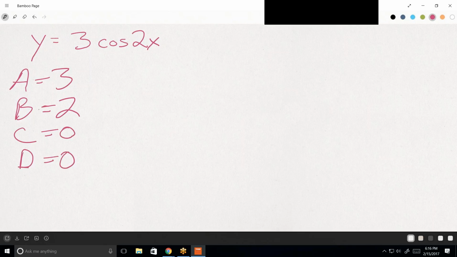You with me with these letters? I know you guys use something a little different, don't you? No, that's what we use. Okay. So B is 2, that makes the period what? B never tells you much directly. It merely allows you to calculate the period. So it's a period of pi. Now we can graph it.